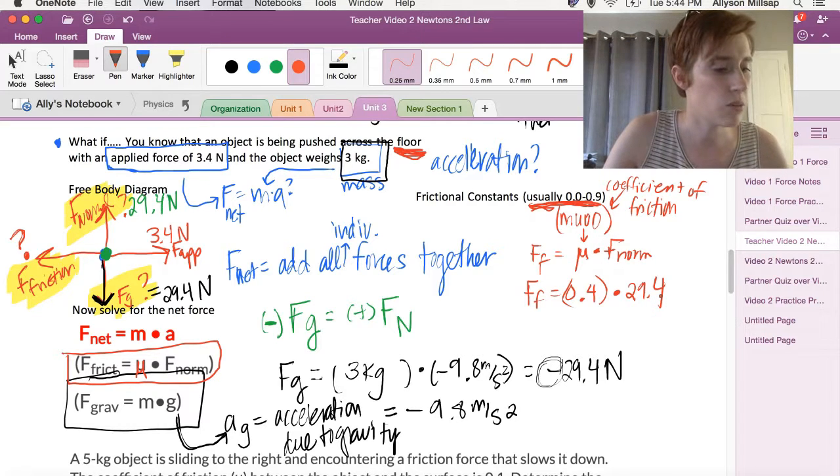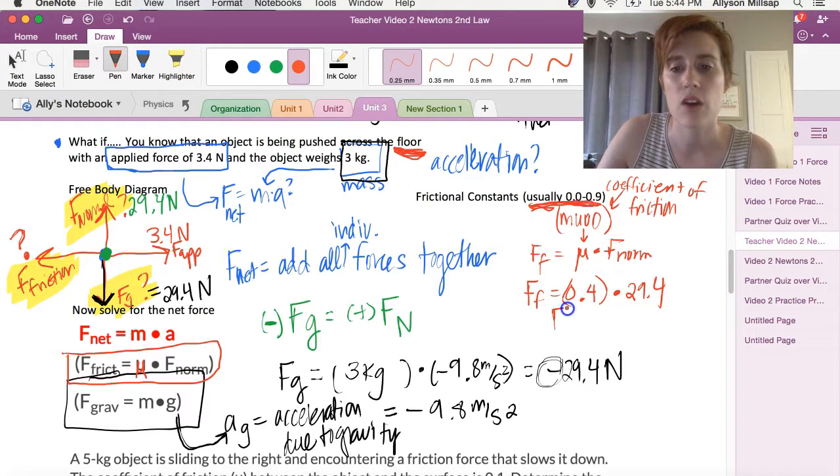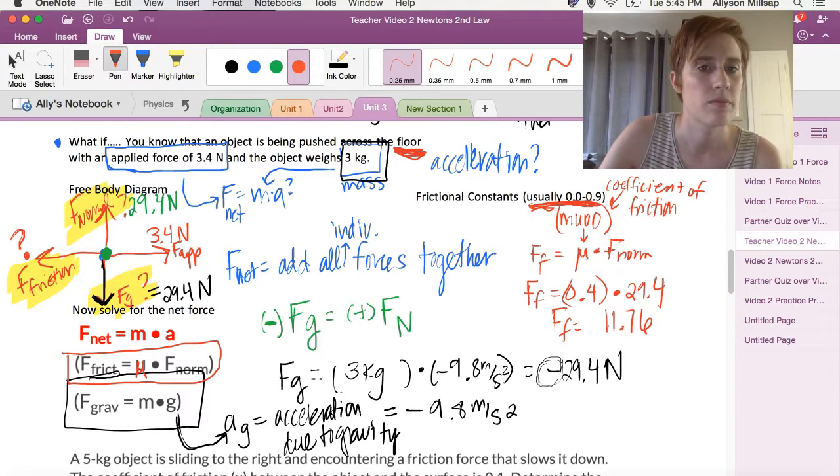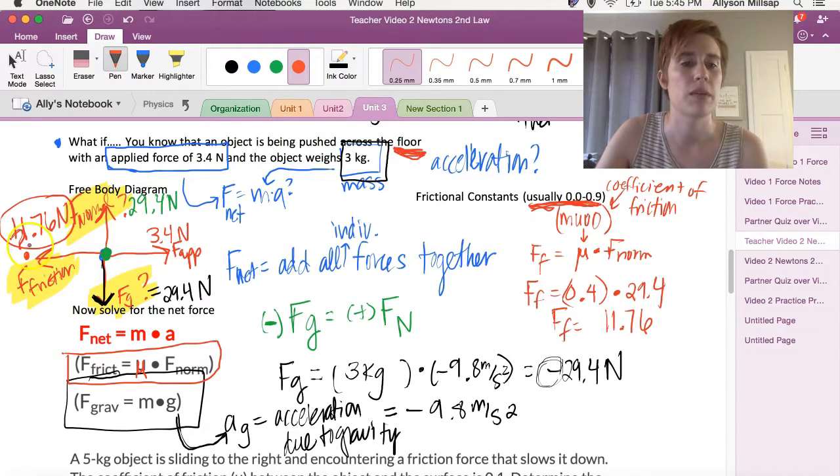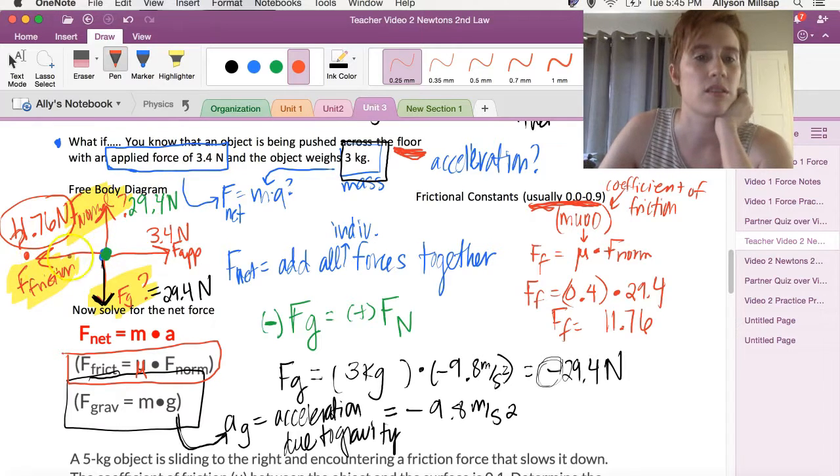So we do 0.4 times 29.4, and we get our friction force is 11.76. And that probably was too high because I did not practice these numbers. I made up the coefficient of friction, and it doesn't really go with my example because now the net force is going this direction towards the friction.